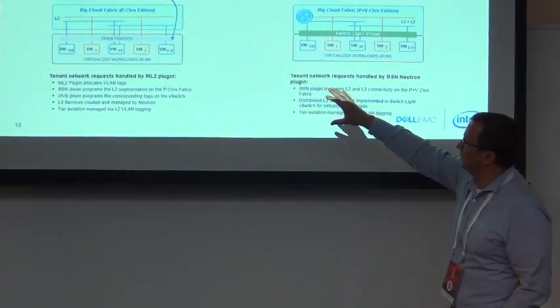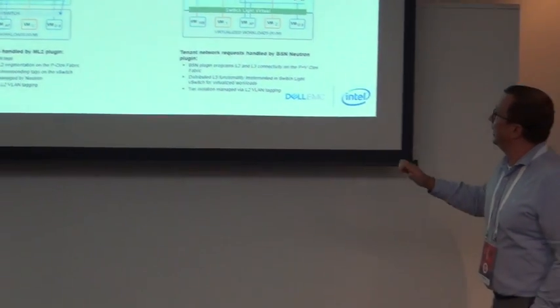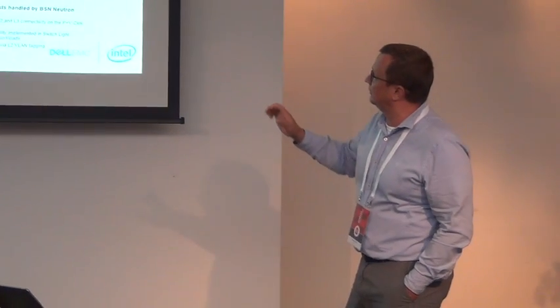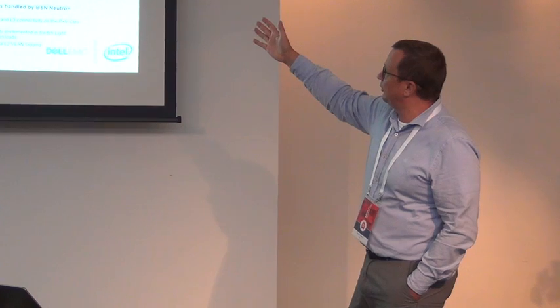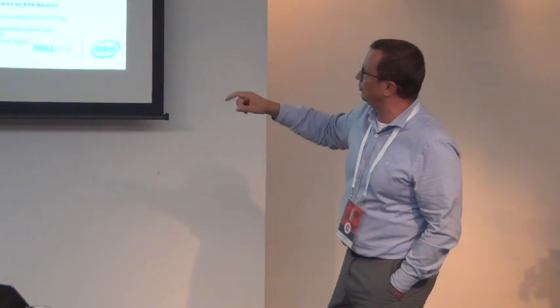So this is basically the Neutron ML2 plugin. And alternatively, as an option B, we've got a direct Neutron plugin on the controller side, which describes the case I've mentioned before. And that basically concludes my presentation to you.